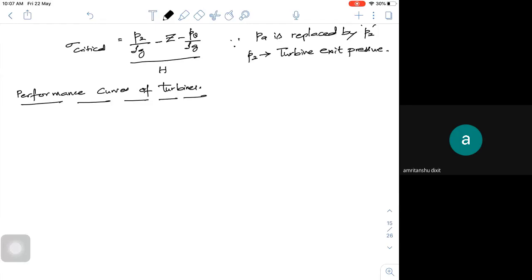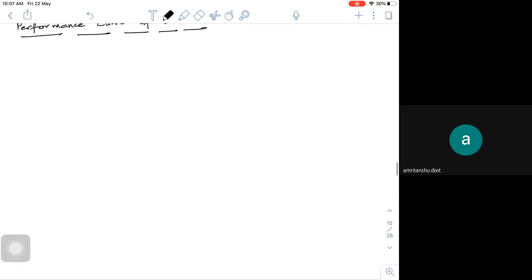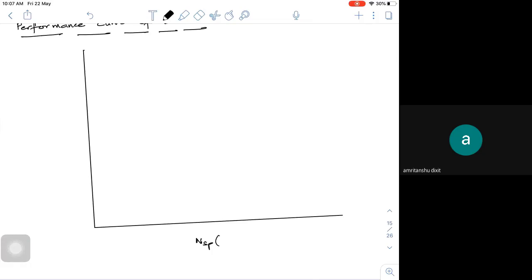Let us look at the first curve where I have a non-dimensional speed, that is specific speed, on the x-axis, and the overall efficiency on my y-axis. So let me put it. This is your specific speed. This is non-dimensional, that is in radians.